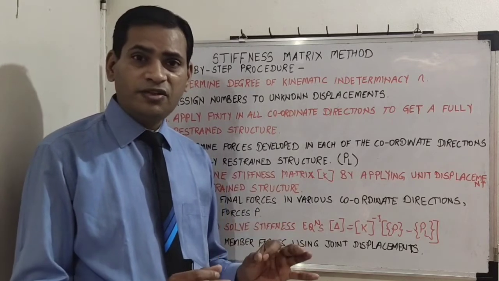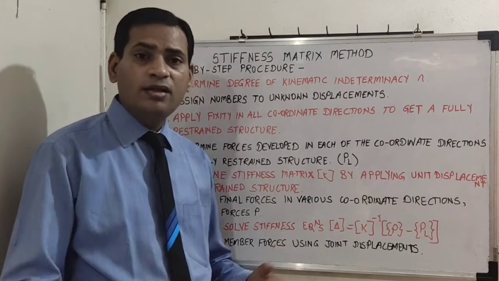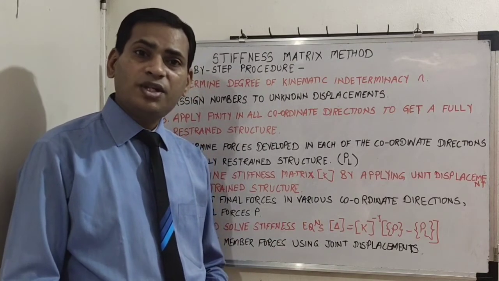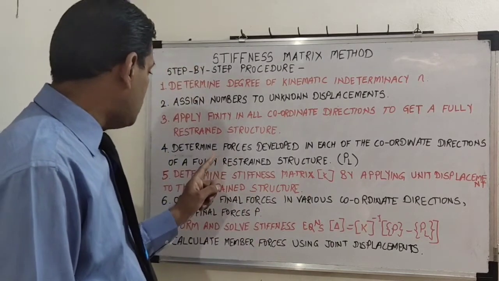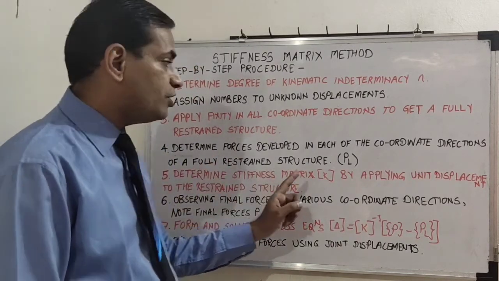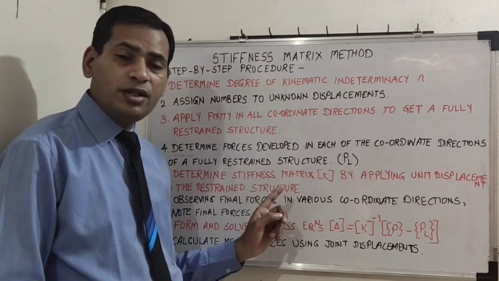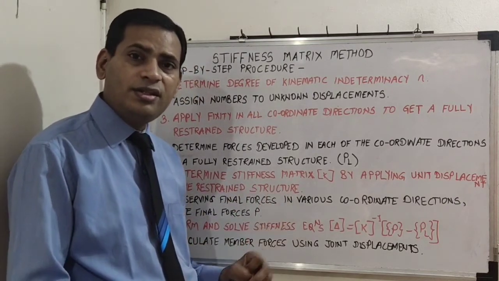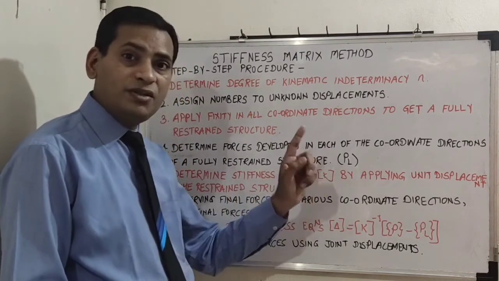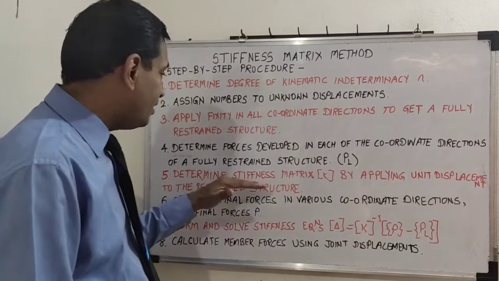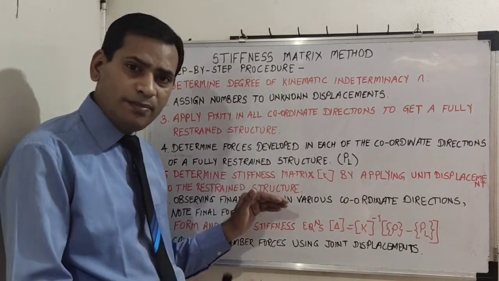If it is a linear displacement, the unit displacement will be assumed as 1, and if it is a rotation, it will be assumed as 1 radian. So we find the stiffness matrix by assuming our unknowns one by one, applying them in the restrained structure, and finding the stiffnesses of the different members.